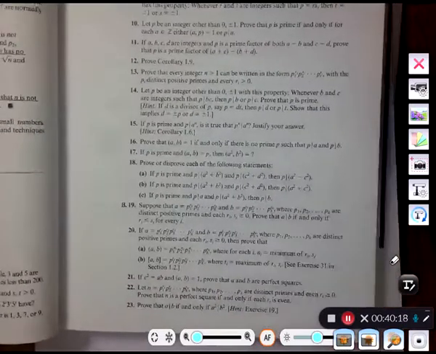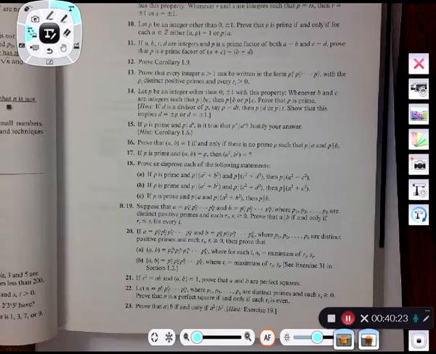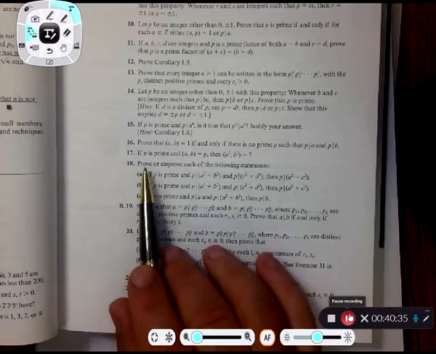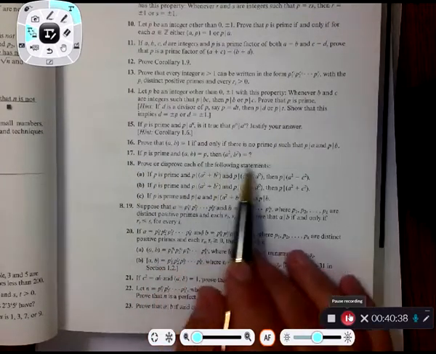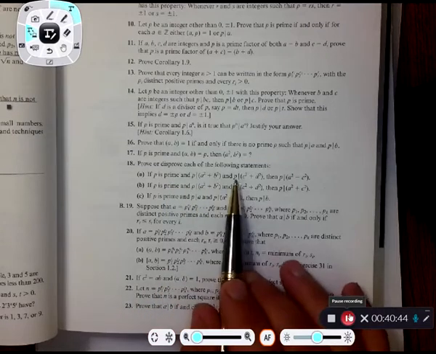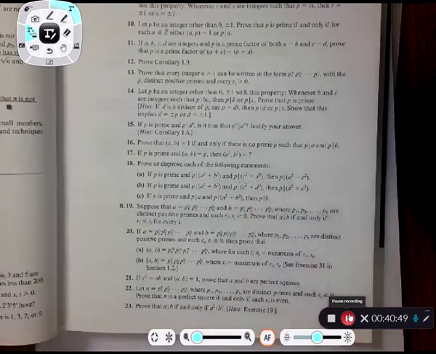which is problem number 18 out of your book. So with problem number 18, we have this idea of prove or disprove the following statements. A, if P is prime and P divides A squared plus B squared, and P divides C squared plus D squared, then P divides A squared minus C squared.